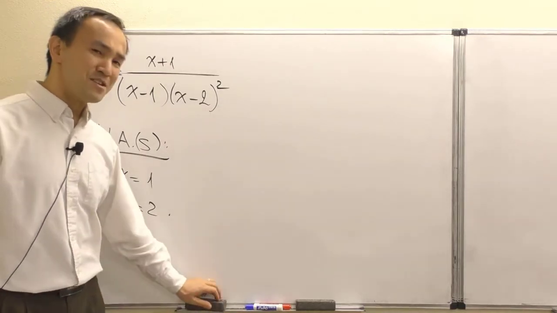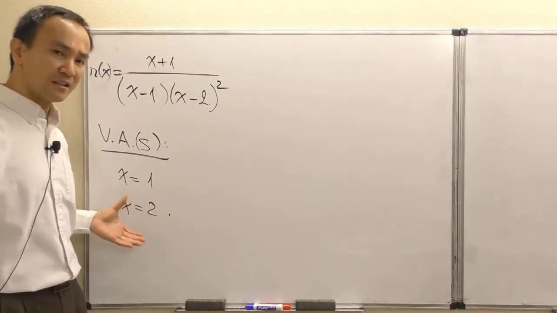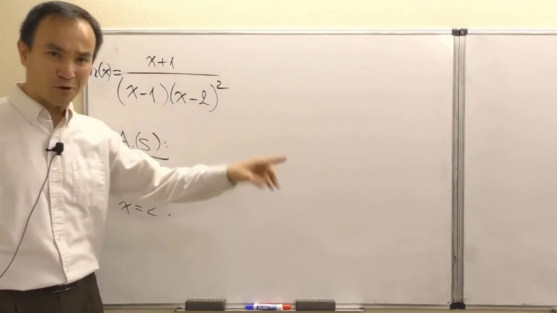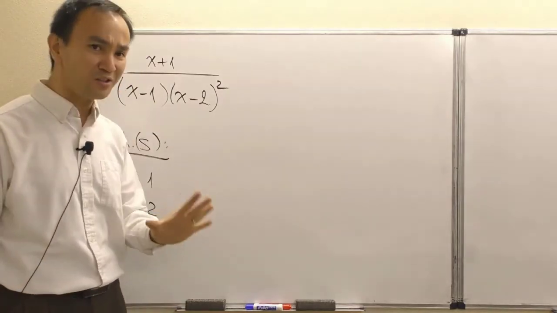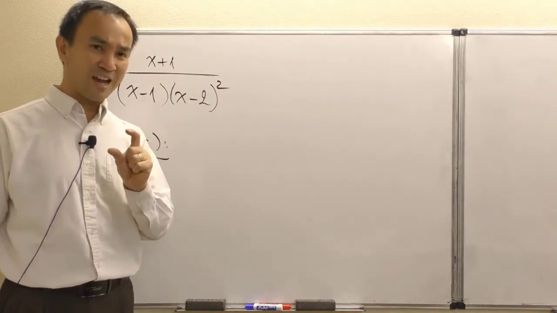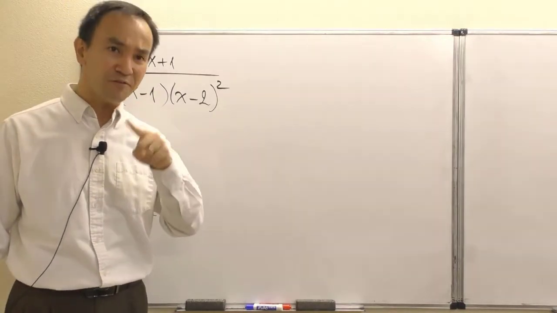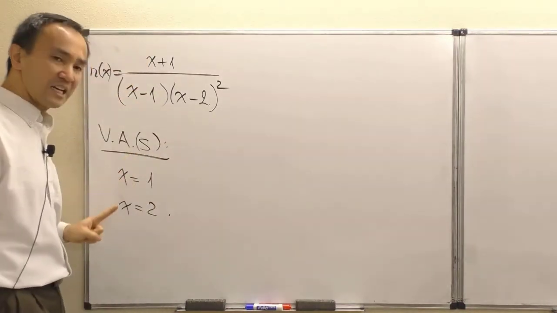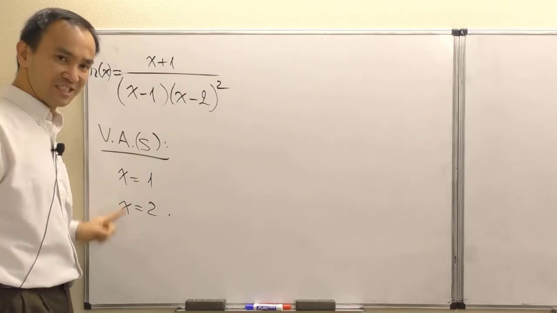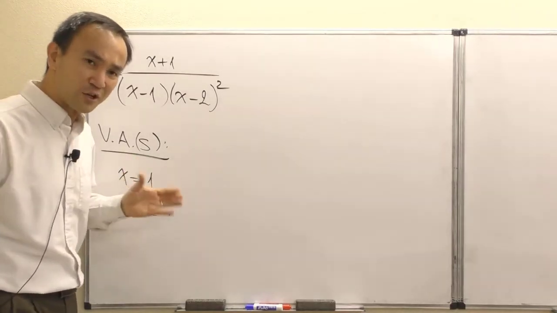Now allow me to depart from the board here and get on my computer station. I want to show the graph so that we can have a closer look at the behavior of the graph right at each of these distinct vertical asymptotes.